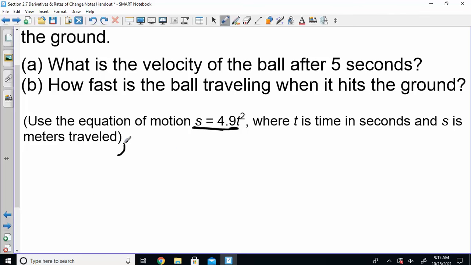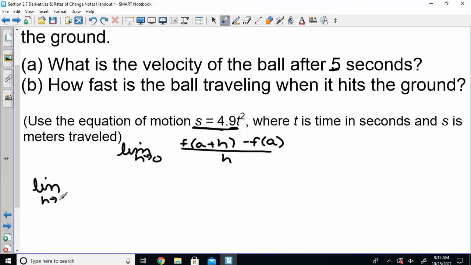If I wanted to use that second method, we want the limit as h approaches 0 of f of a plus h minus f of a all over h. So we could do this once with our a being 5 and then again with a being whatever it is when it hits the ground. But let's just first work this out with a's, and that way we have a formula and we can quickly find our other velocities.